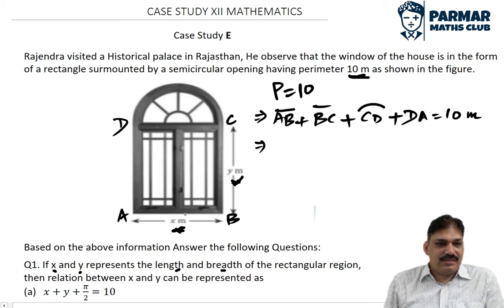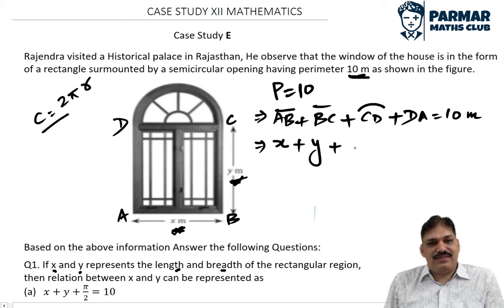AB simply is x meter, plus BC is clearly y meter, plus CD, we know this is the perimeter of a semicircle, and we know that the circumference of a circle is 2 pi r. So half of the circumference we need. What is the radius of this window?